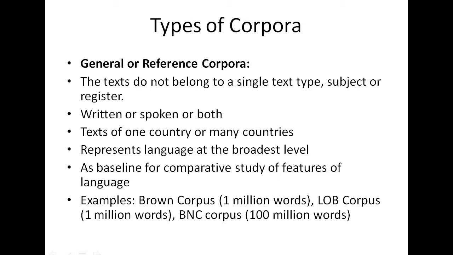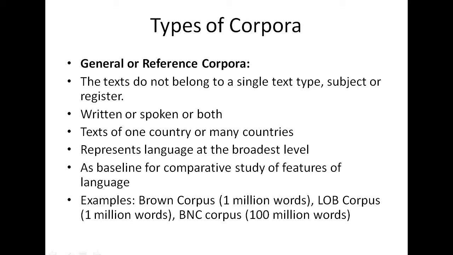The first feature of this corpora is the texts do not belong to a single type, subject or register. What do we mean by it? It means that the texts which are being collected in general or reference corpora will not be a kind of text that I have given as examples.